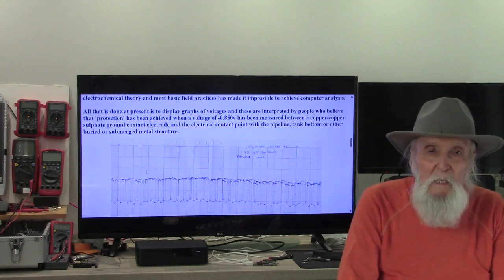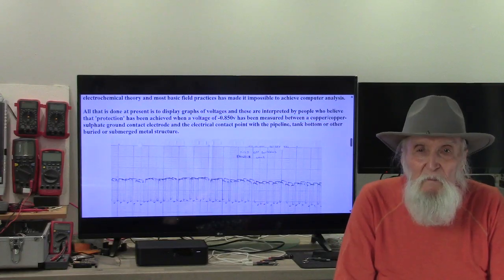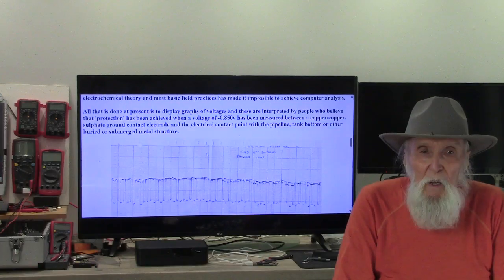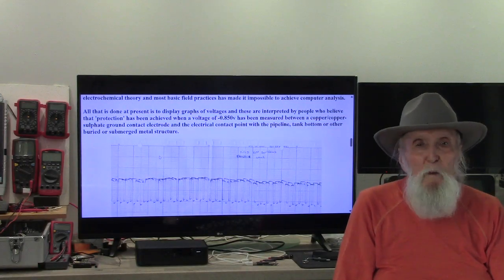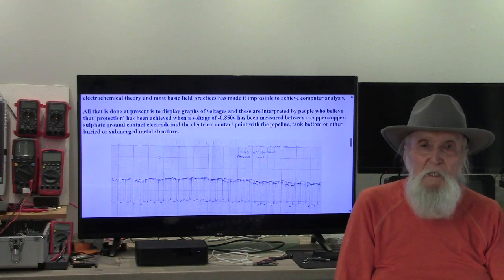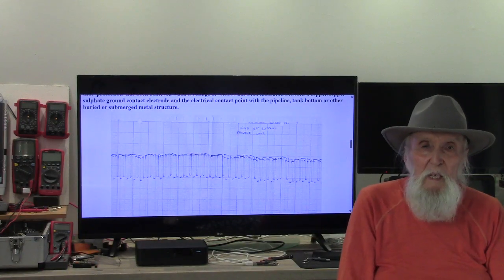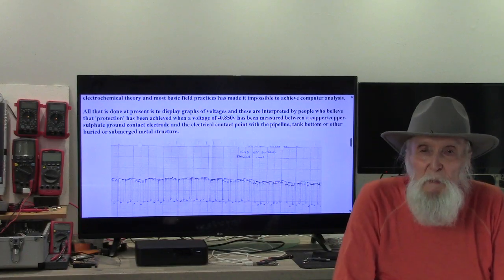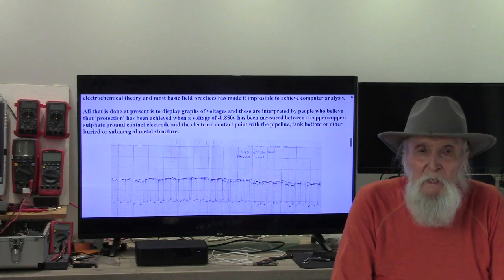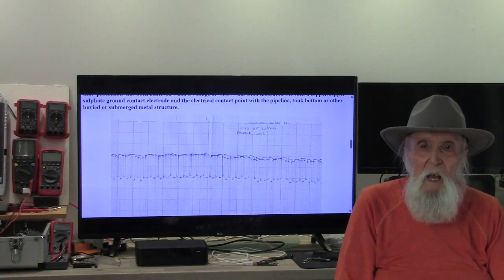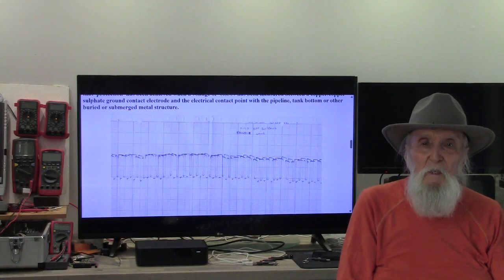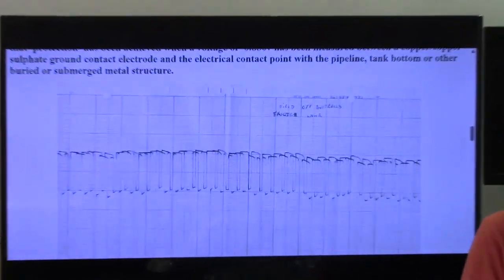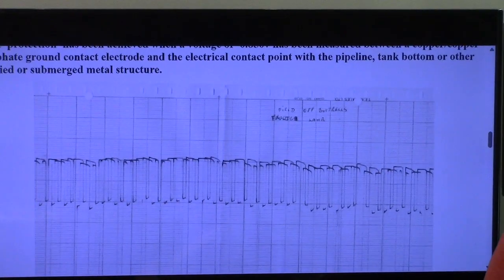All that is done at present is to display graphs and voltages that are interpreted by people who believe that protection has been achieved when a voltage of negative 850 millivolts has been measured between the copper sulfate ground contact electrode and the electrical contact point with the pipeline, tank bottom or other buried or submerged metal structures.